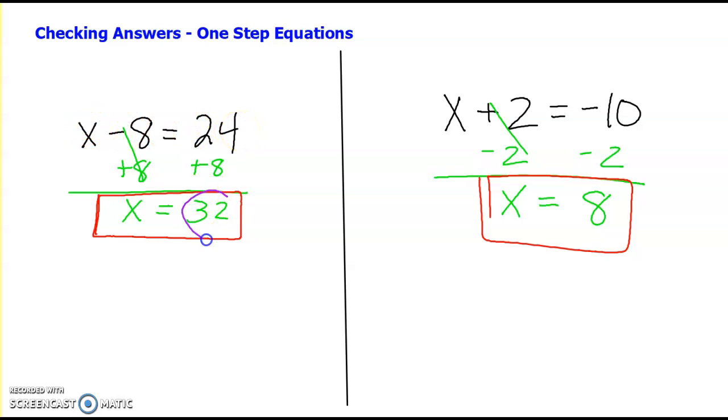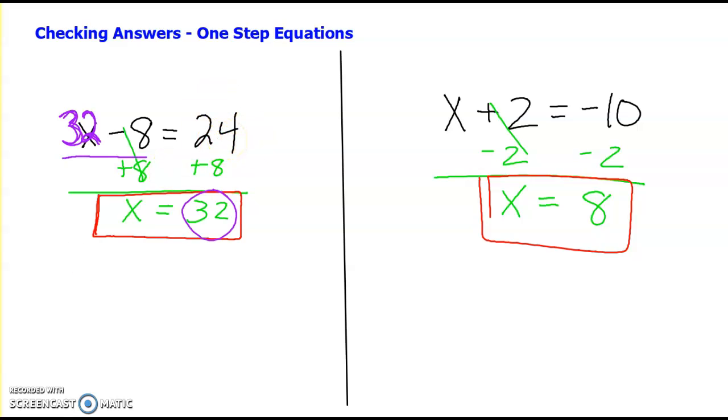You could take this answer of 32 and plug it in right over top of my x. You could rewrite it, since you may not want to scribble over it. But my computation on the left should equal my answer on the right.